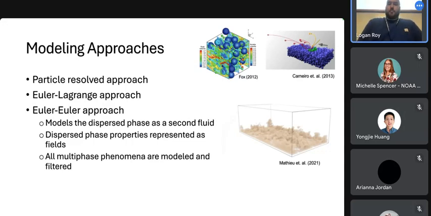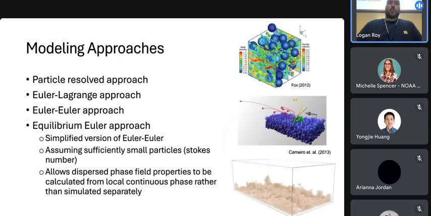The utility of the Euler-Euler approach is that it's computationally inexpensive. You can push that even further by making additional assumptions. The big assumption for the equilibrium Eulerian approach, which is the first simplified version of Euler-Euler, is that the particles can be assumed to be, quote unquote, sufficiently small.